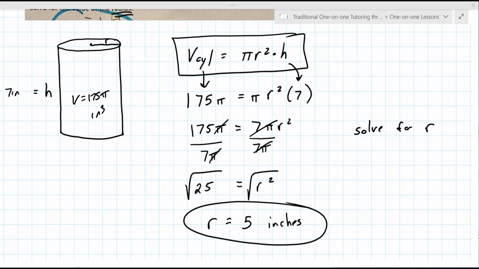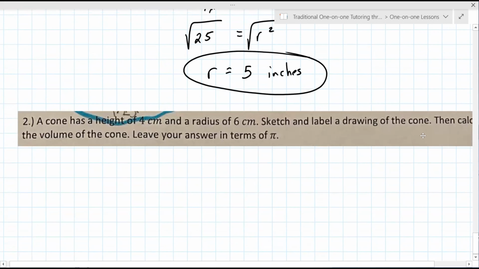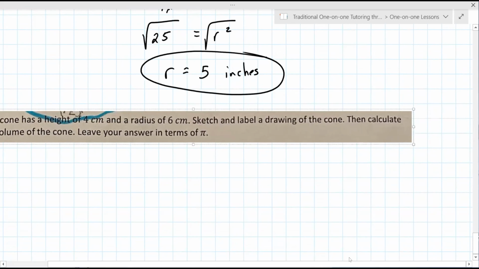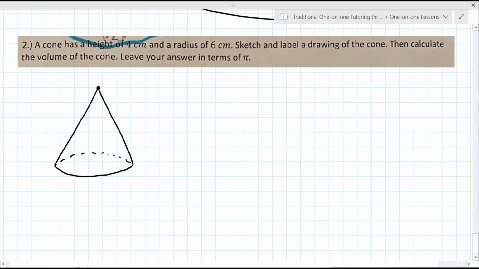Okay. Number 2 is a cone. So let me draw a sketch of a cone to remind you what it looks like. So the cone is the party hat. The bottom is a circle.